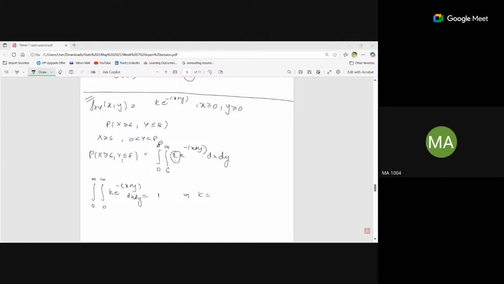Which question? Week 6 graded assignment question number 7. My graded assignment question is this one only. In that question, they are not asking any conditional value. In yours, they are asking a conditional value? Yes, ma'am, expectation of the conditional value. Ma'am, should I send it?